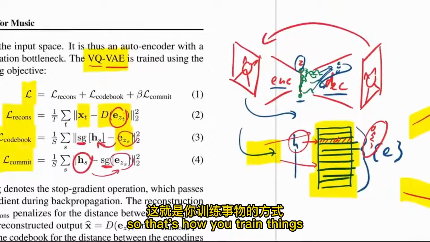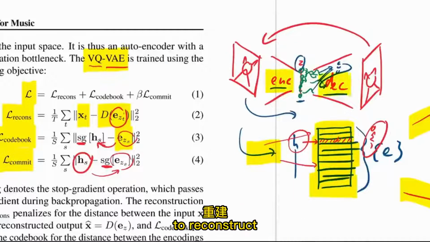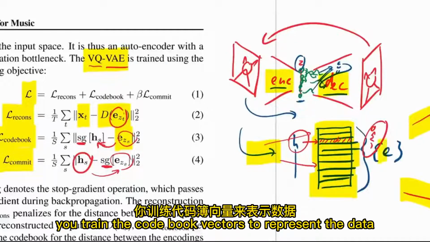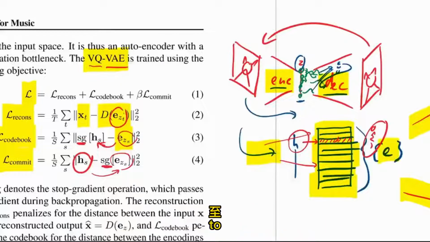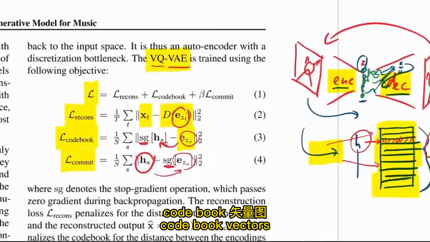So that's how you train things. You train the encoder and the decoder to reconstruct. You train the codebook vectors to represent the data, and you also train the encoder to make good use of the codebook vectors.